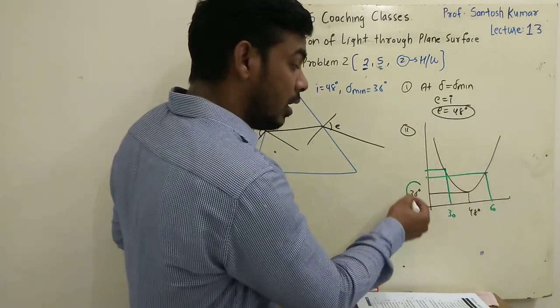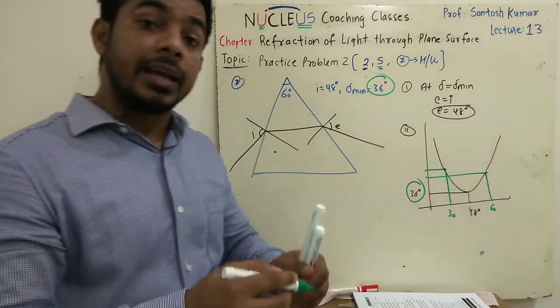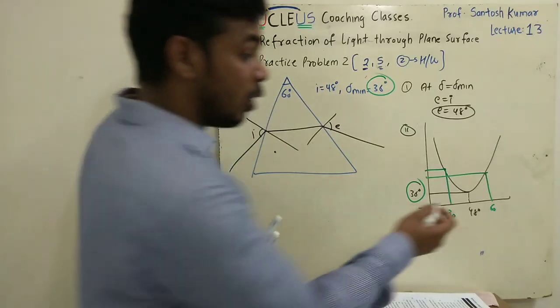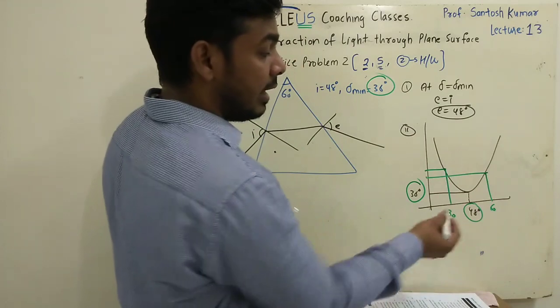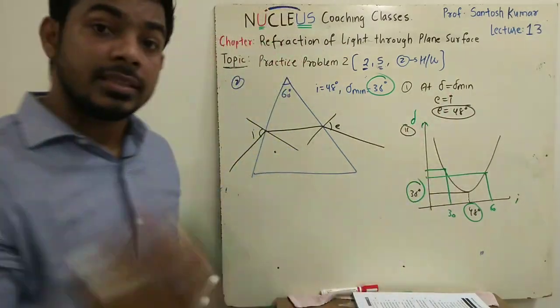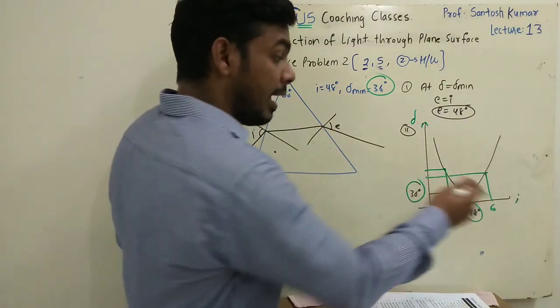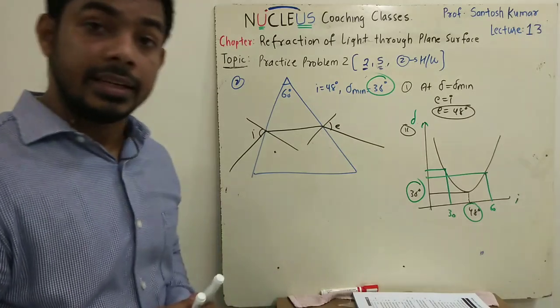Remember, it has to be more than 36 degree because 36 degree is the angle of minimum deviation which occurs at only 48 degree. And in this graph we studied that as the angle of incidence initially increases, the value of delta decreases and becomes minimum, and if angle of incidence is increased further, the angle of deviation increases.